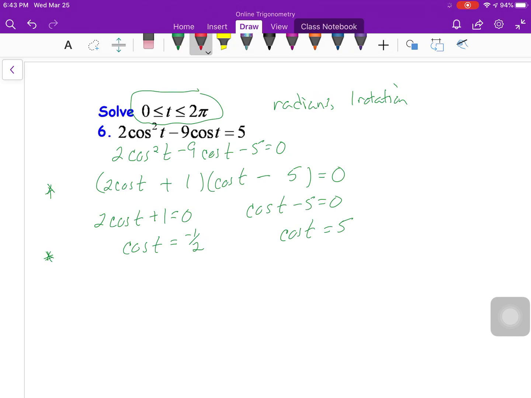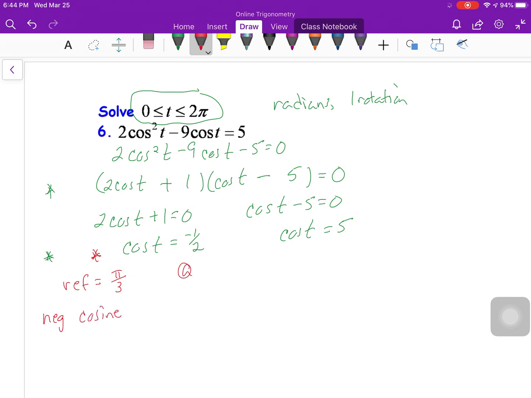So when we're talking about this first one right here, it's going to be a reference angle problem. So we're in radians. We're looking for the angle whose cosine is +1/2. Let's see. In degrees, it would have been 60 degrees. So in radians, it's going to be pi/3. It's a negative cosine.